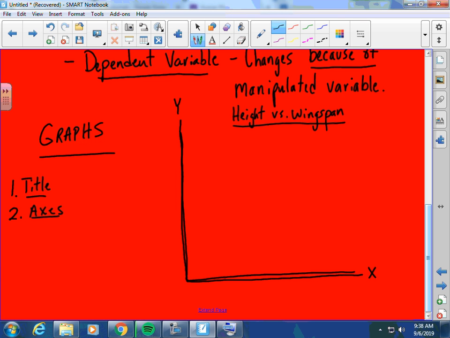Okay, so those are the two axes. Now, the reason why it was important to understand the variables is because that will tell us which variable we should put on which axis. So the way to remember it is actually called DRY MIX. Yep, you guys have heard of this before? Okay. And what this means is the dependent variable, which is also sometimes called the responding variable, goes on the y-axis.